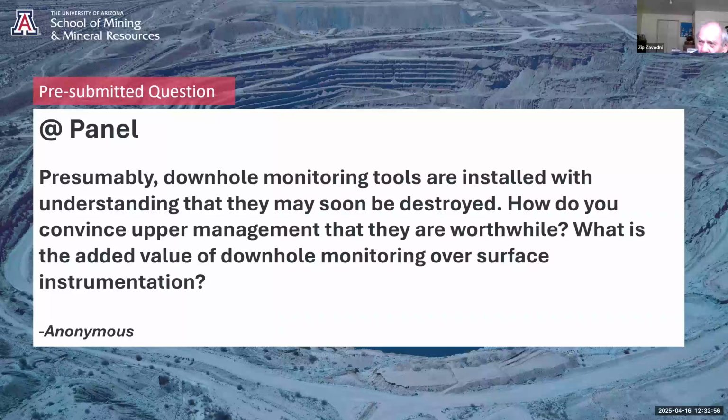We've had some very good luck at Palabora, for instance, in documenting a large-scale failure from the microseismic system prior to its development on surface.